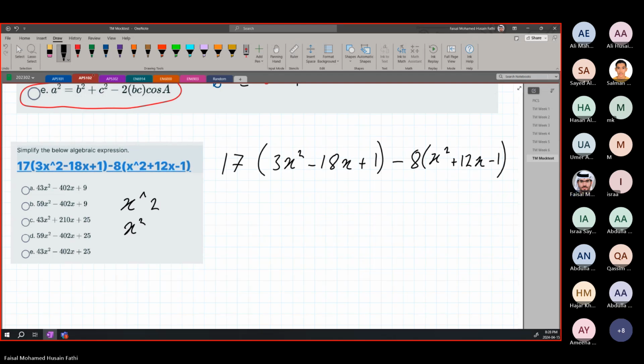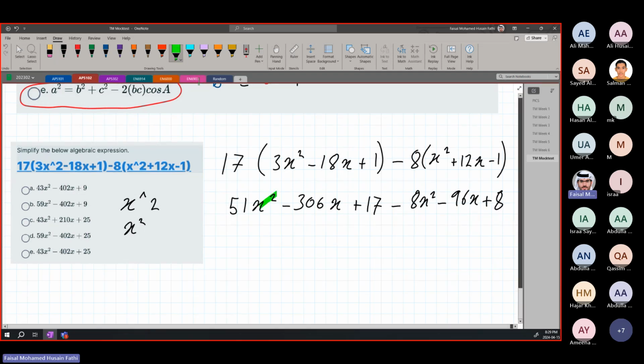1. Distribute 17 times 3, I think is 51, 51x squared minus 18 times 17, which is 306x plus 17, 17 times 1 is 17, minus 8x squared, minus and plus becomes minus, times 8 times 12, which is 96x, minus 8 and minus 1 becomes plus 8.